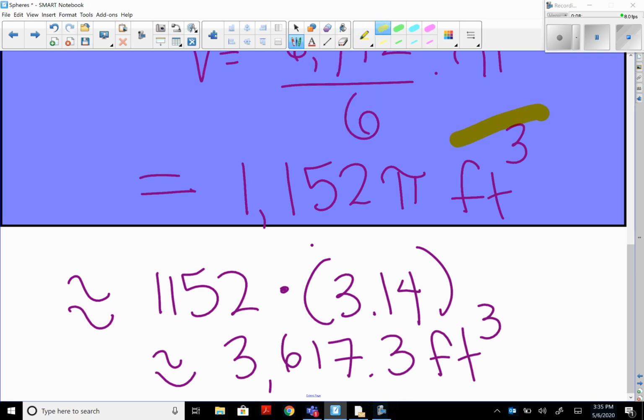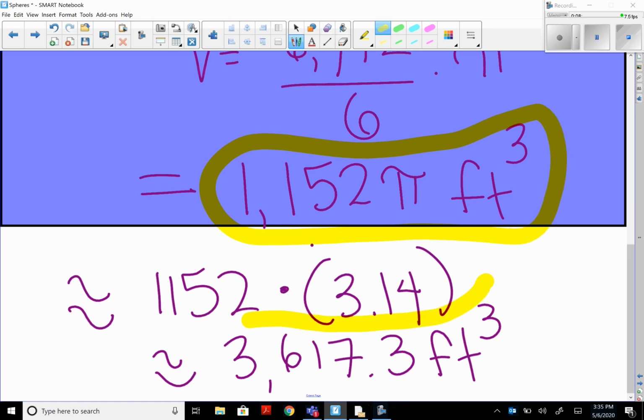So this is my exact answer, and this is my approximate answer rounded to the nearest tenth when I multiply by 3.14, which is the rounded version of pi.